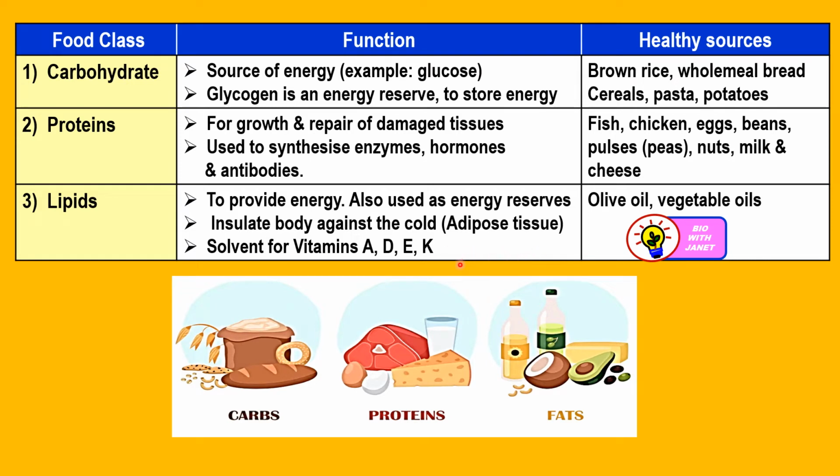So if we eat the food like vegetables which contain these vitamins, but we do not eat the lipids, the vitamins A, D, E, K cannot be absorbed into the body. Now, healthy sources of lipids are olive oil and other types of vegetable oils. So please do not suggest butter or animal fat as sources of food for a diet.